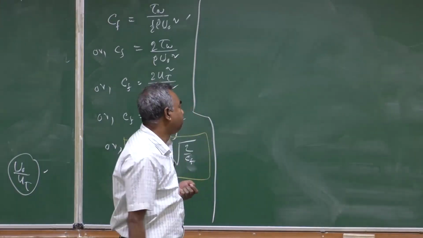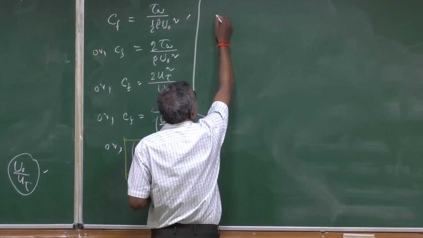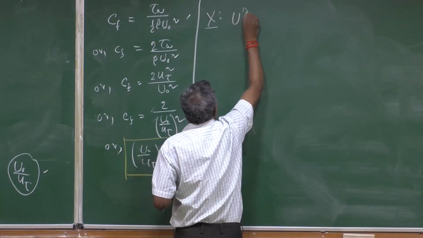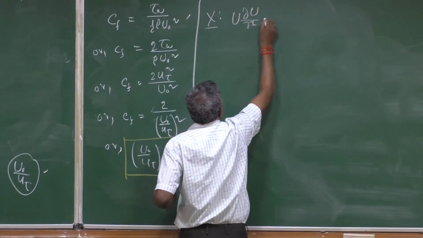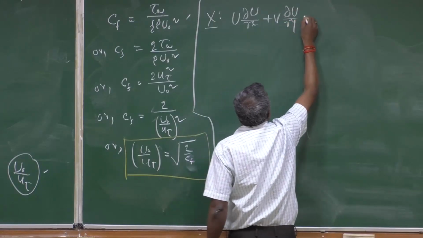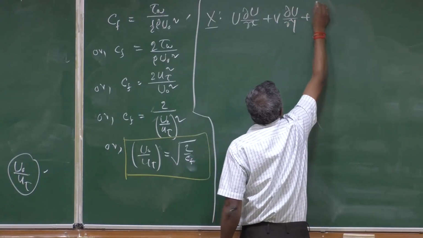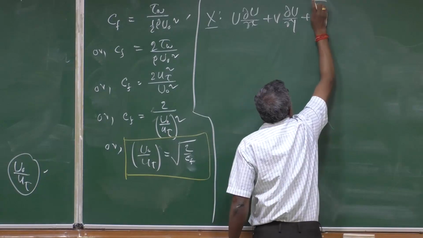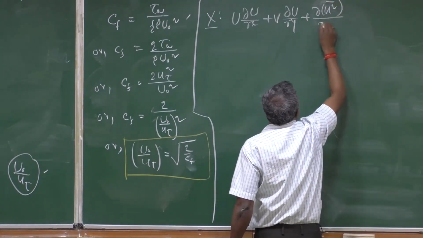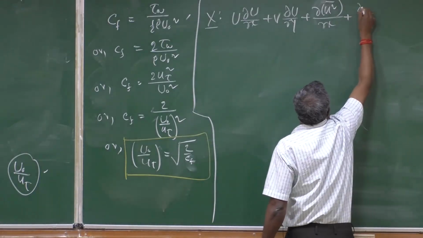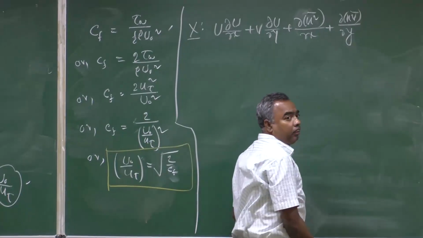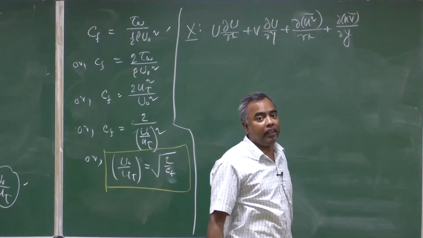If we write this, then the x momentum equation is basically u ∂u/∂x plus v ∂u/∂y plus ∂(u square bar)/∂x plus ∂(uv bar)/∂y. This is coming from the RANS equation, keep it in mind.